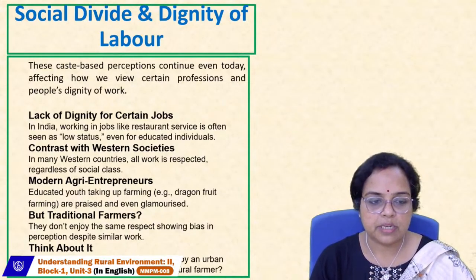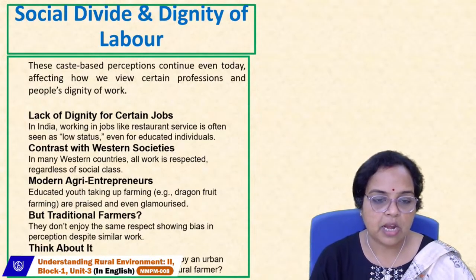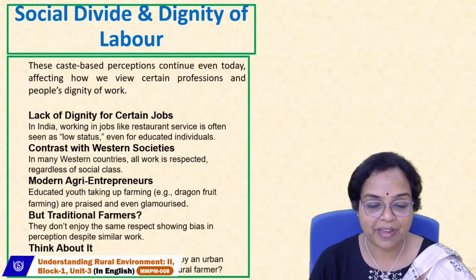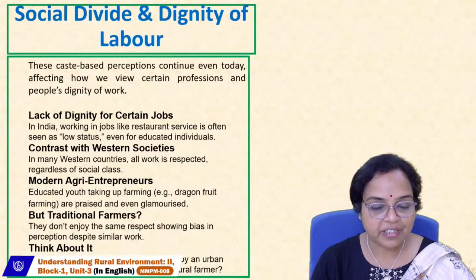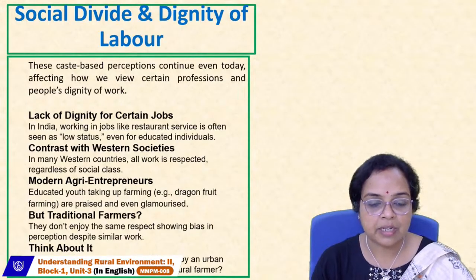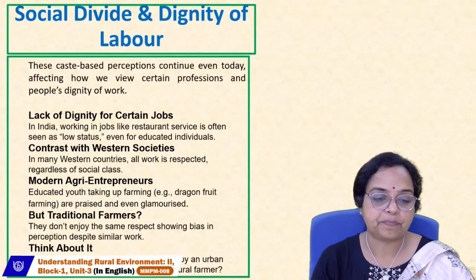Modern agri entrepreneurs, educated youth taking up farming, for example dragon fruit farming, are praised and even glamorized, compared against farming of normal wheat and grain, because this is also getting established as modern agri entrepreneurship. Society perceives them as doing a more prestigious job, whereas normal agricultural activities like cultivating fruits, vegetables, wheat and grains are not considered high value jobs in society.